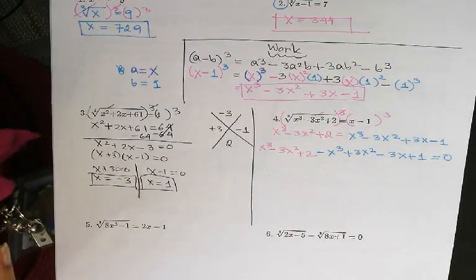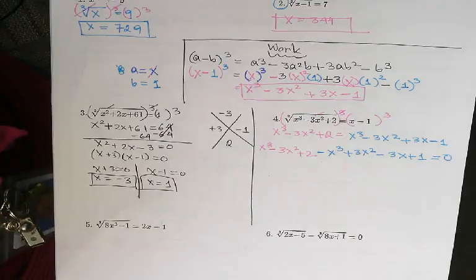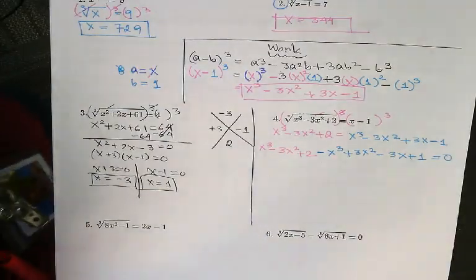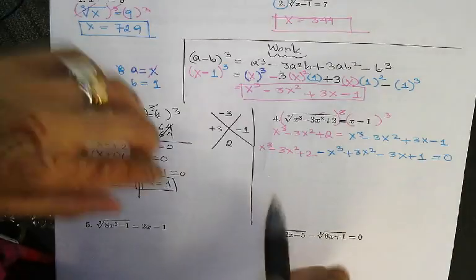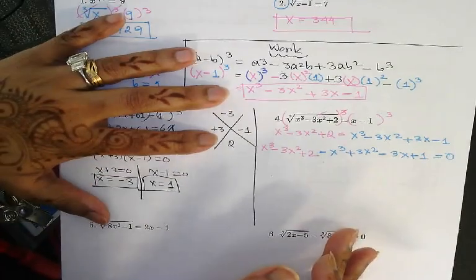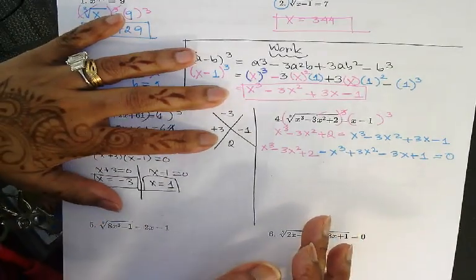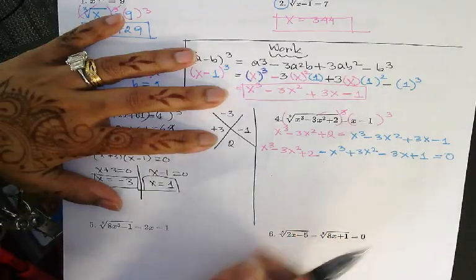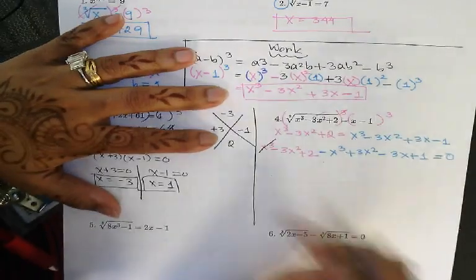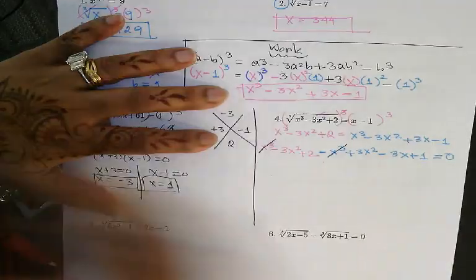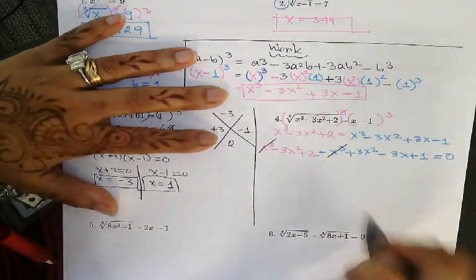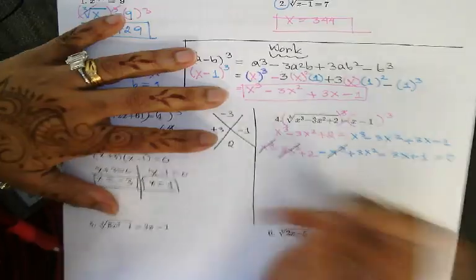Are we good up to here? Everybody with me? Great. Now we're going to cancel out whatever is the like term. Who is the like term here? Do we have any? What are the like terms? X cubed and x cubed. Let's cancel out. Anything else? 3x squared.